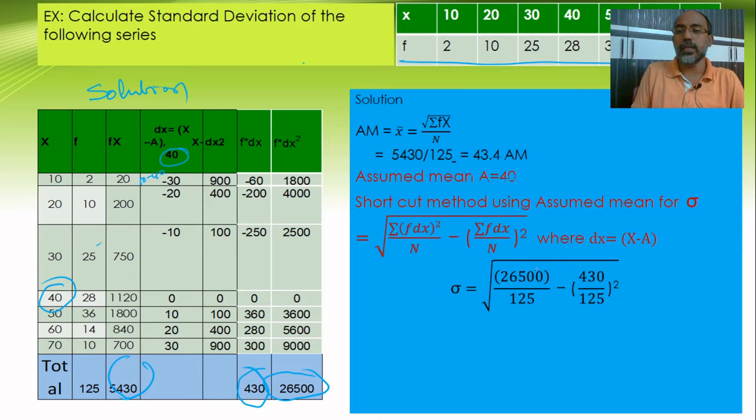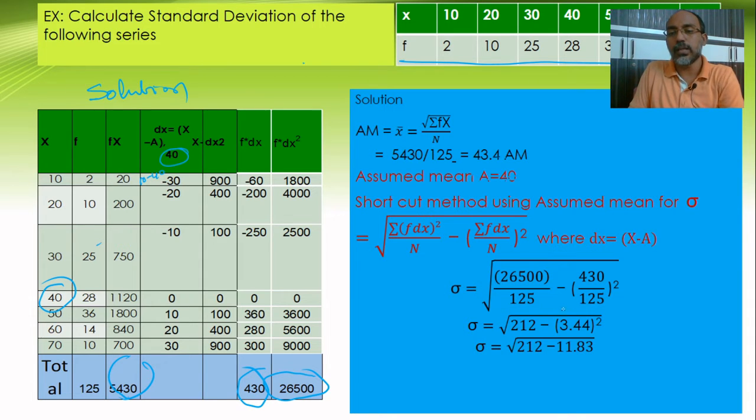Here 26,500 is sigma f dx square and 125 is n, and sigma f dx is 430, so 430 by 125 whole square. 430 divided by 125 gives 3.44, and you have to square it. 26,500 divided by 125 gives 212, and this is under the root.